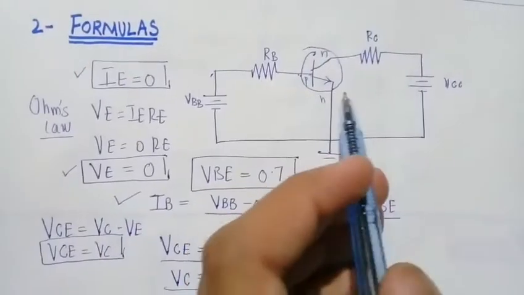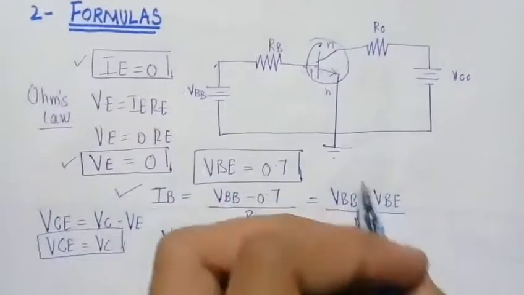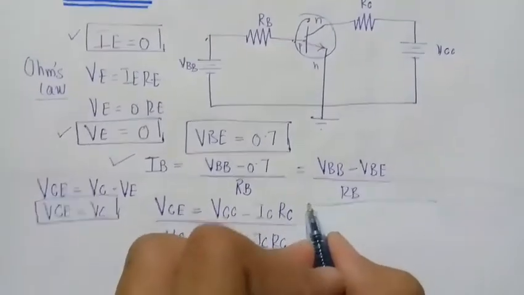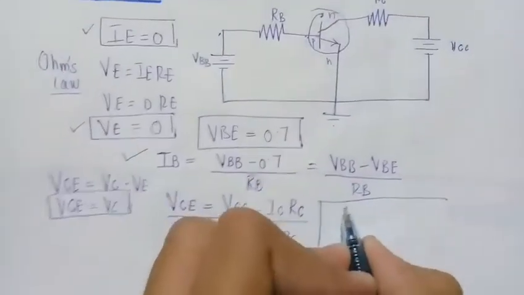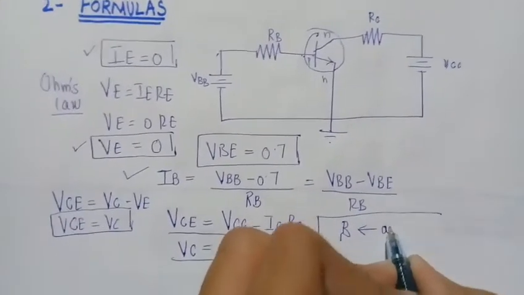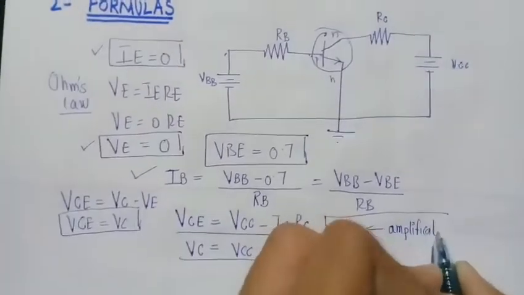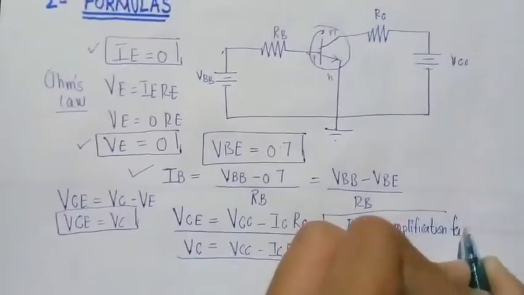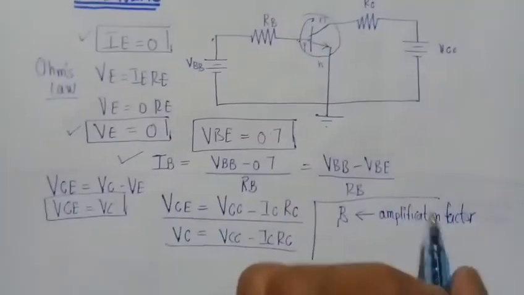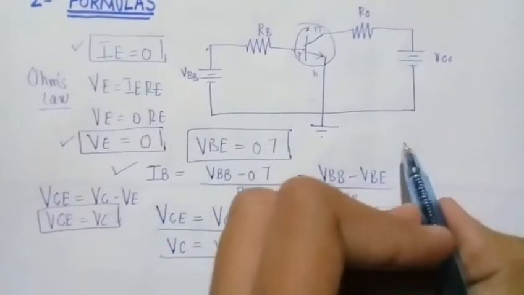So guys, these are all the formulas which we will study from common emitter configuration, and there are some specifications which we will study: the beta of the transistor is the amplification factor of the transistor, because beta is the amplification factor and the transistor is used as an amplifier.